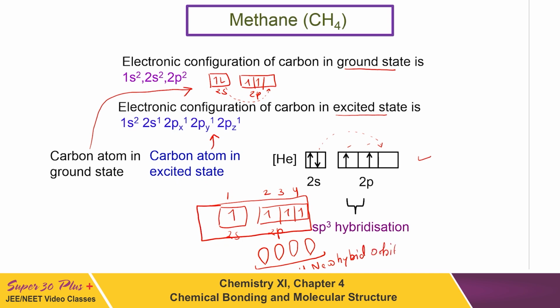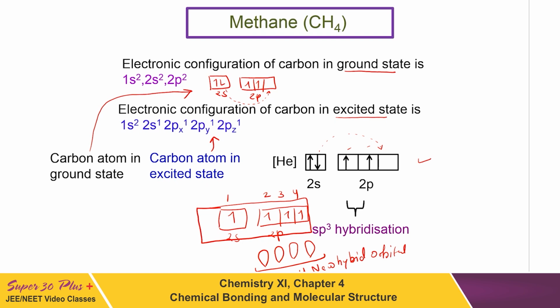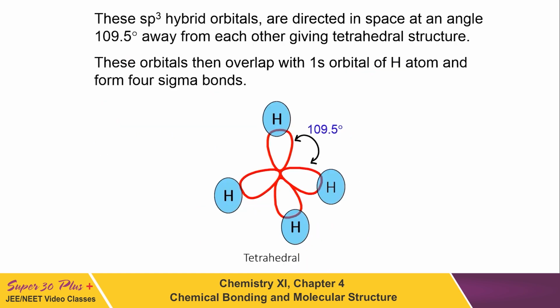What is the difference? Before hybridization, one was spherical, one was dumbbell. Energy was nearly similar but not exactly similar. Now after hybridization, all 4 orbitals which are formed here are exactly identical to each other, and this is called sp3 hybridization.